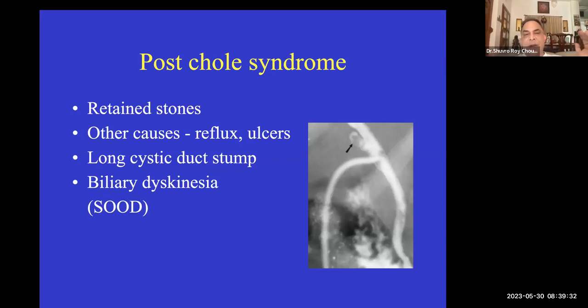The most important cause, and I will be educated here, but I'm talking to surgeons, they know this very well, but the most important cause of this is actually that there was something else in the first place. It was not the gallstones that caused it, that the symptoms were being caused by peptic ulcer disease, GERD, GERD.